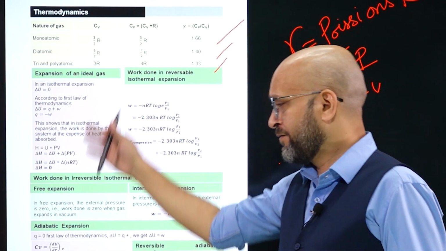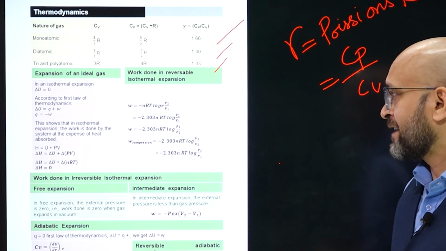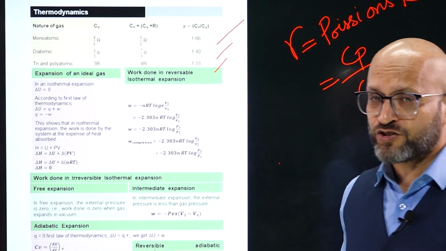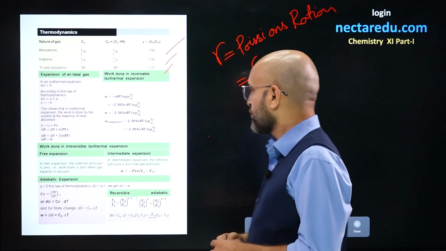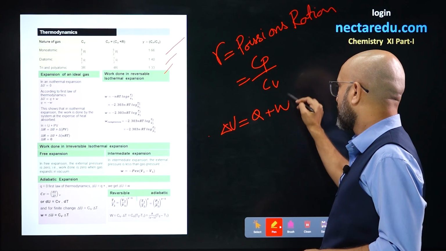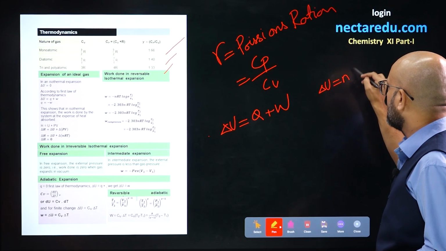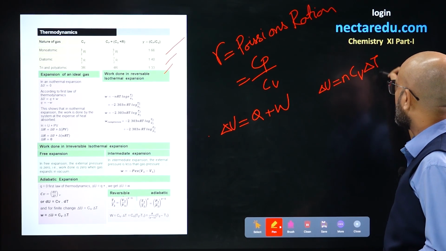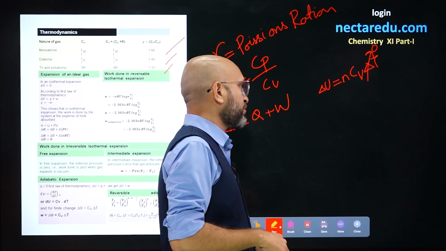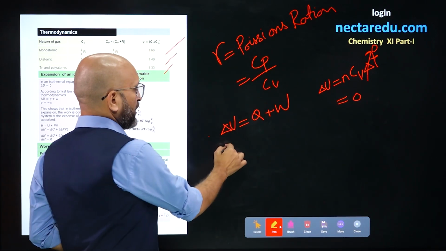Now we are talking about expansion of ideal gas. In an isothermal expansion of an ideal gas, delta U equals 0. According to the first law of thermodynamics, delta U equals Q plus W. Delta U has the formula nCv delta T. For an isothermal process, delta T equals 0, so this comes out to be 0.